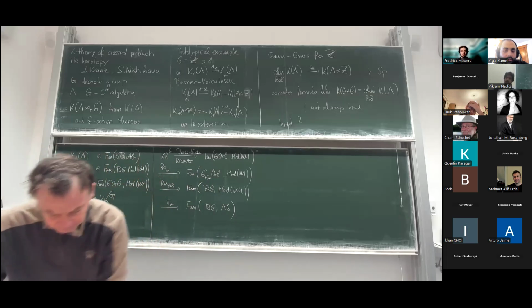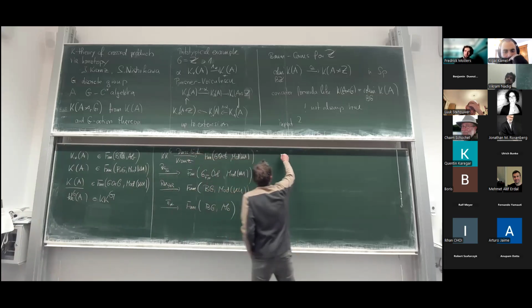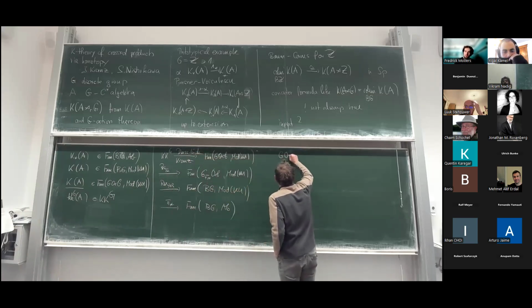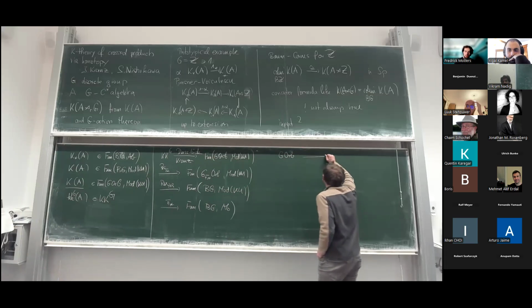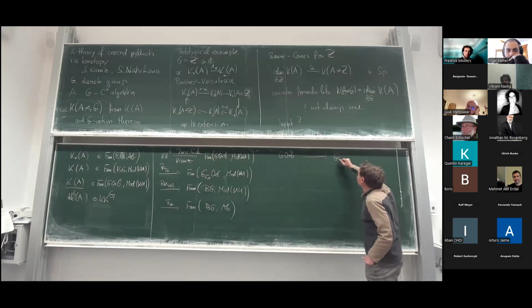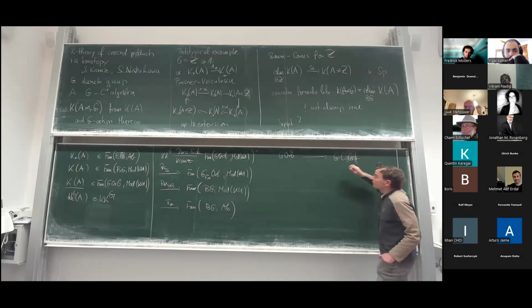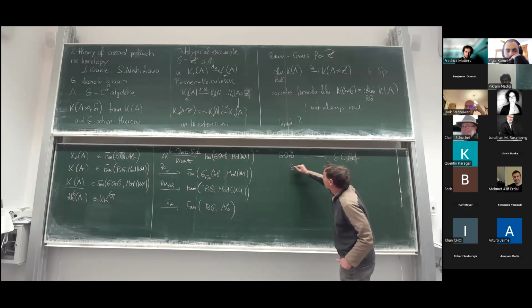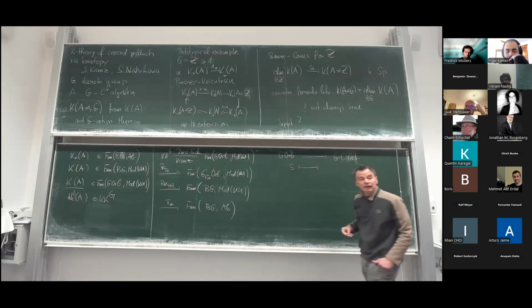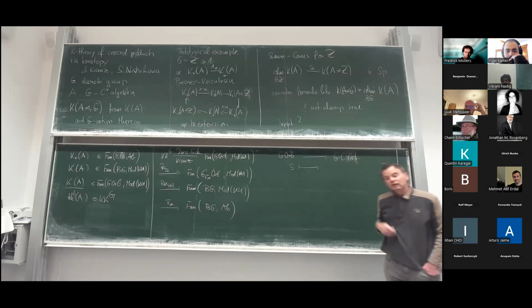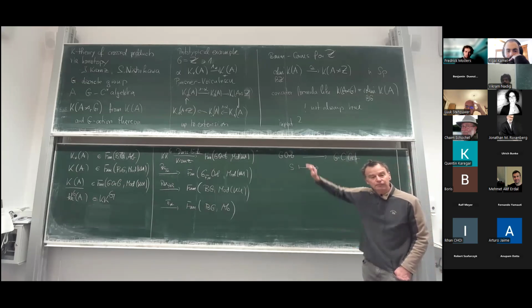So what we do is, if we start from the orbit category, we can make a functor to C-star categories with G action, which takes an orbit, or in principle one can take any G-set, and takes the C-star category whose objects are the points in the set.